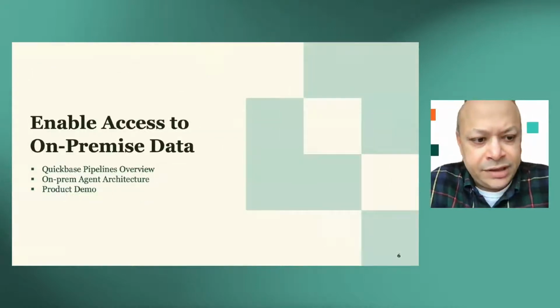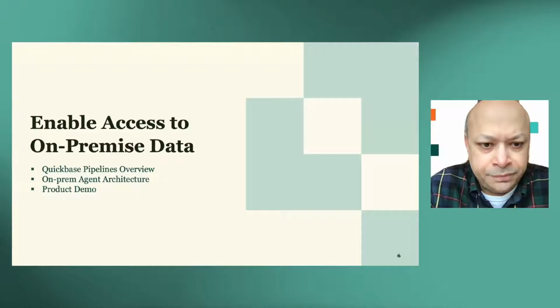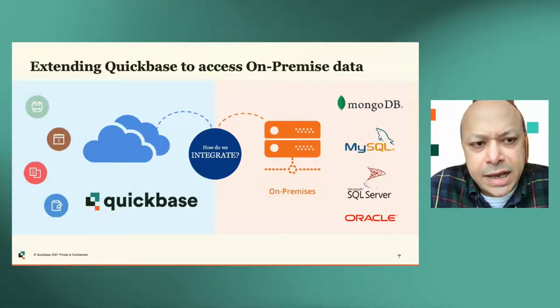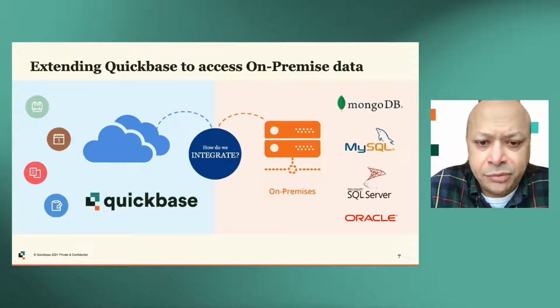So let's get into the actual on-prem data. When we look at Quickbase, we do understand that we don't exist in an island. We recognize that you have data in possibly multiple other SaaS software that you're using. And usually what you want is for that data to work seamlessly between all of those systems.